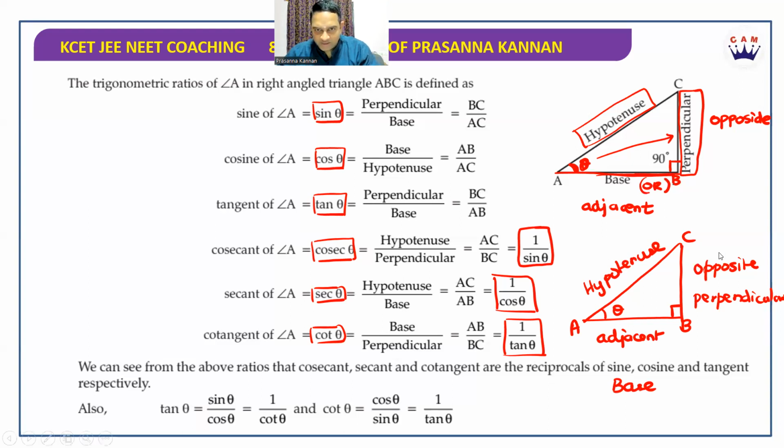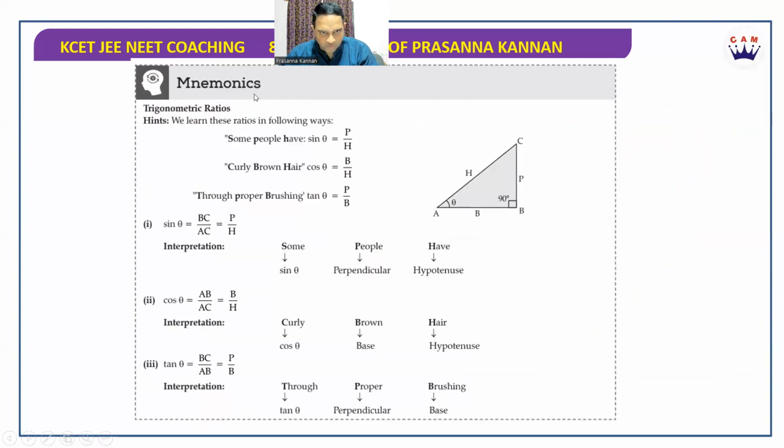So I will tell you the mnemonic and then come back to this. What is the mnemonic? How to remember? Maybe you can remember the statement: Some people have curly brown hair through proper brushing. So how do you connect it?